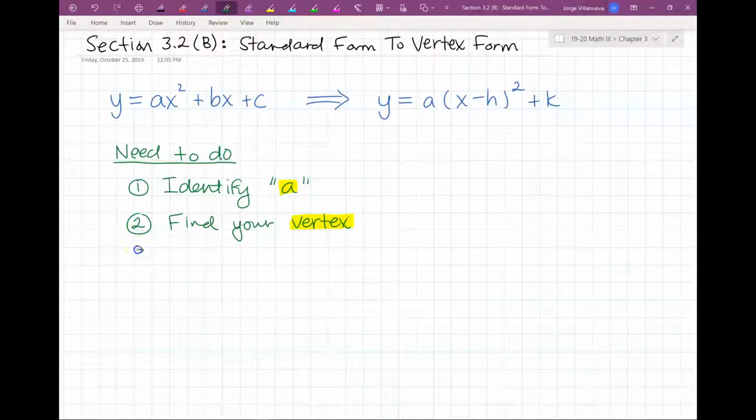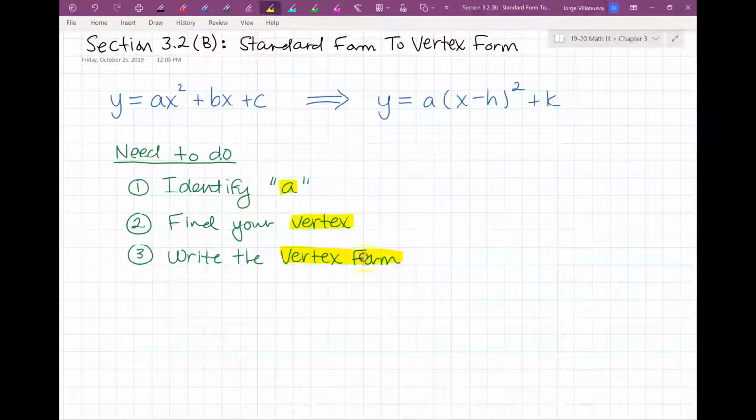And then step 3, write the vertex form. All right, so we're gonna do those 3 things. You're gonna find your A, which is super easy. You're gonna find your vertex, and then you're gonna write the vertex form.